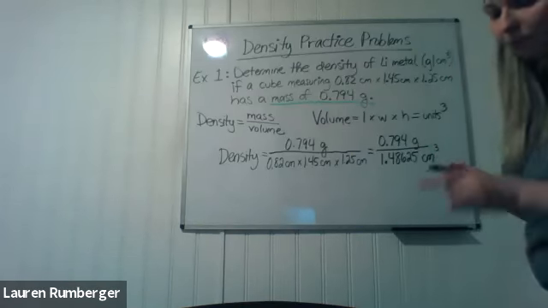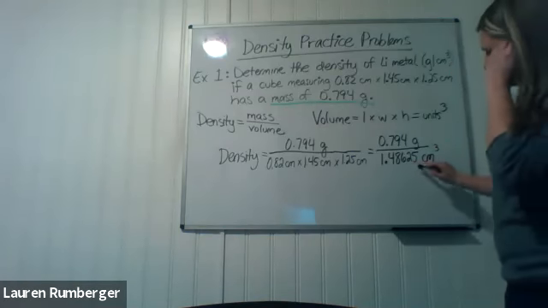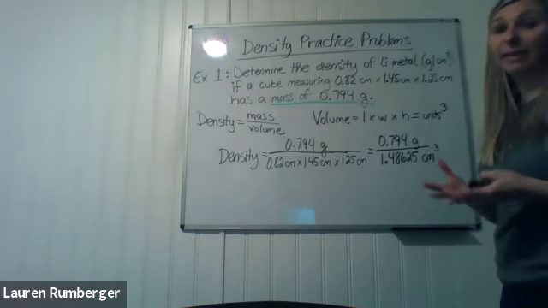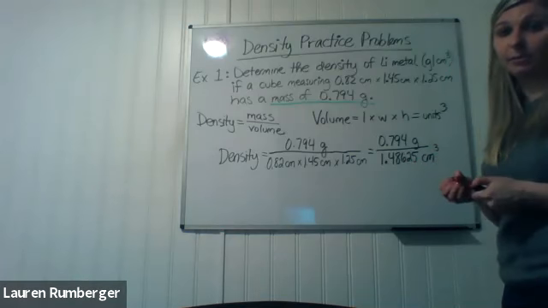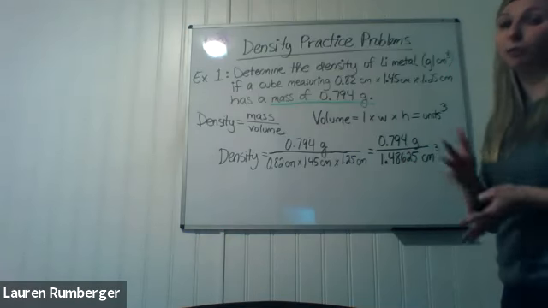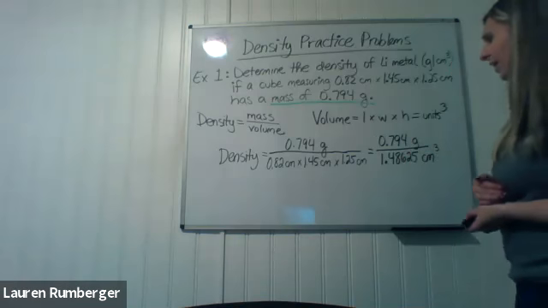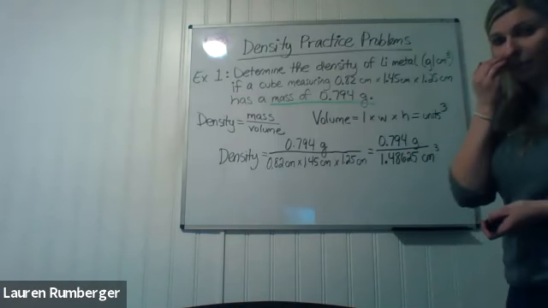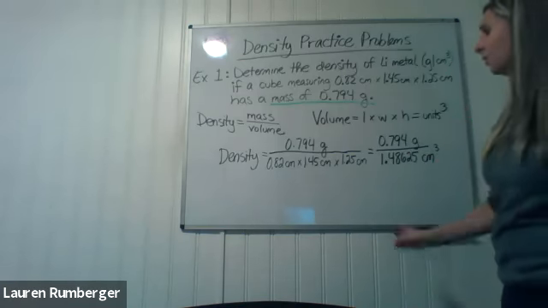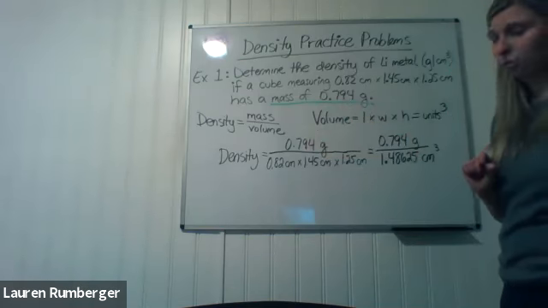Okay. So by keeping all of these digits in our calculator, it's making our answer as accurate as possible, but then we still have to round at the very end. So you always round at the end based on the least significant figures in the original values.